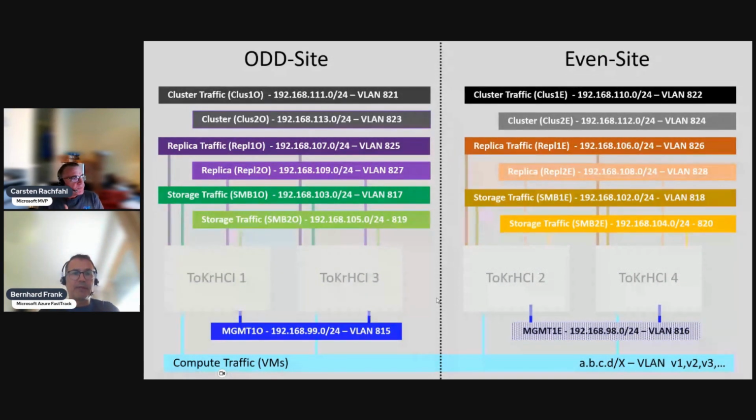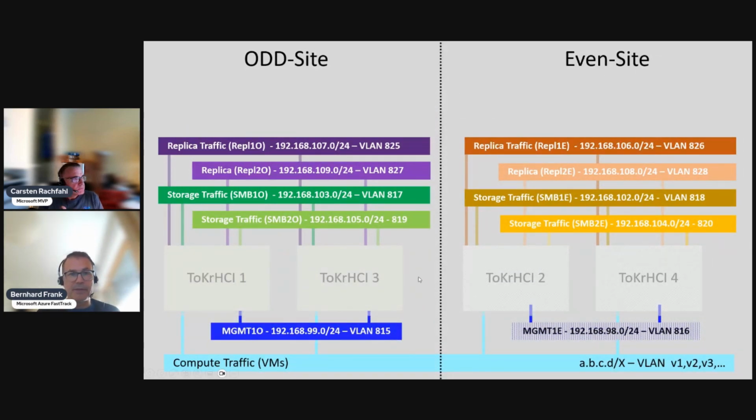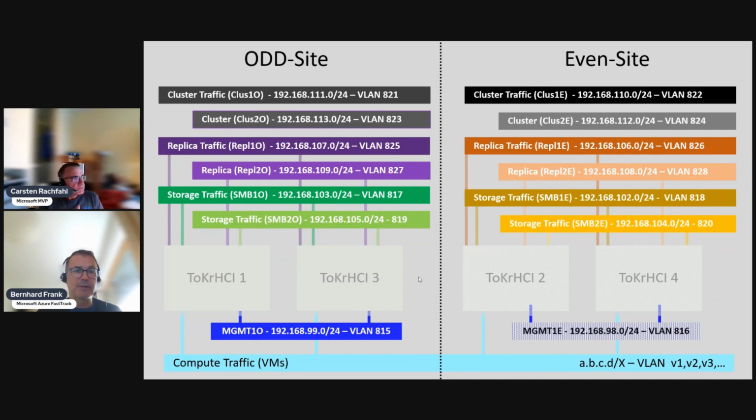So basically, this is the different networking view. It's the two ones on top, right? So also different IP addresses, different VLANs, because we want to do routing, and it's much easier to route the traffic if you have different VLANs, especially from most of the switches I know.